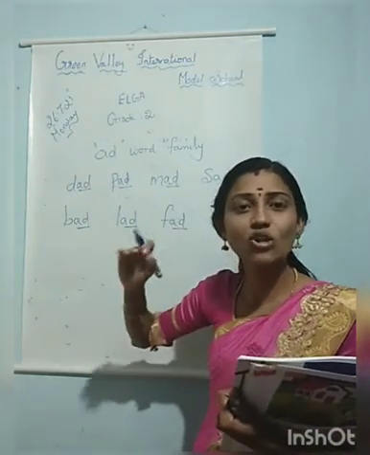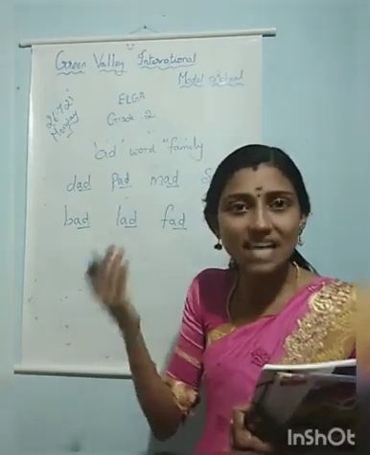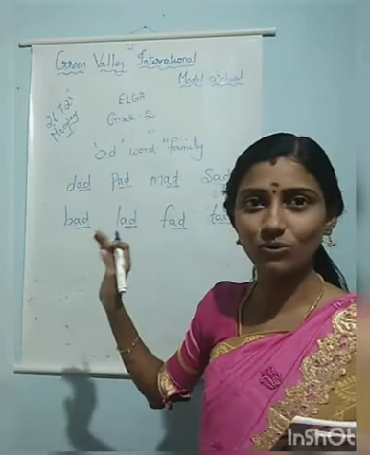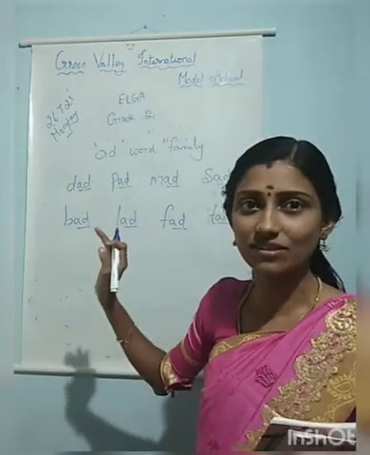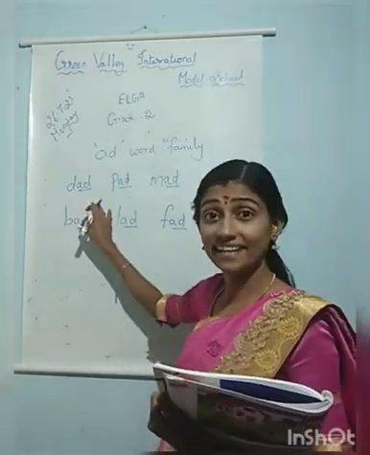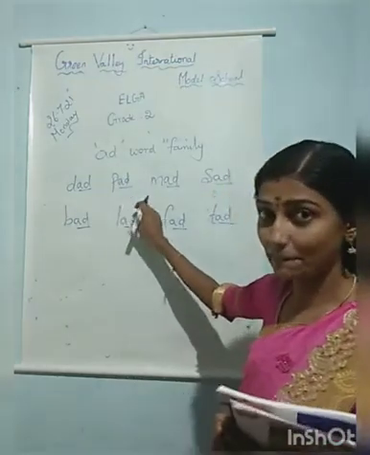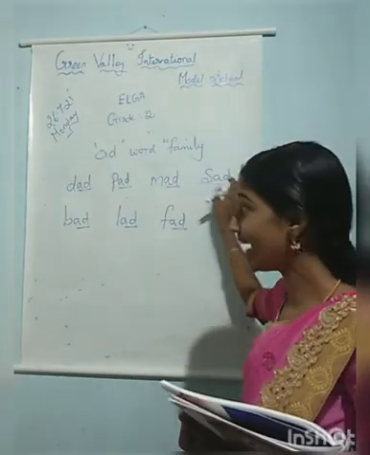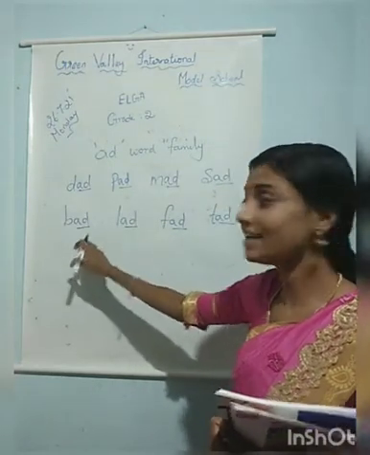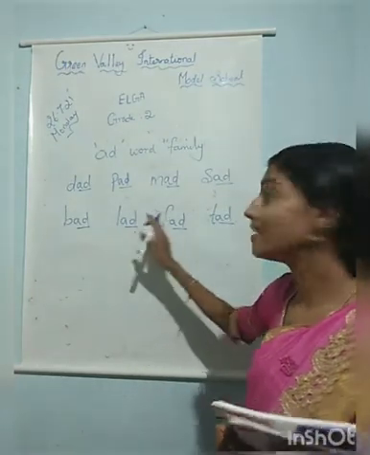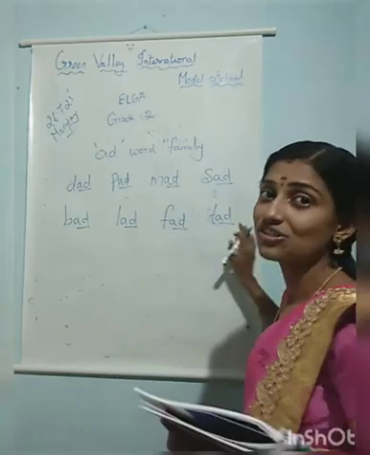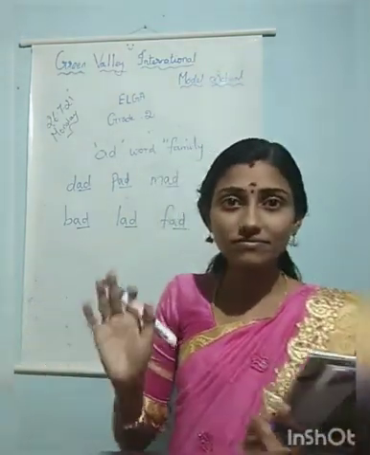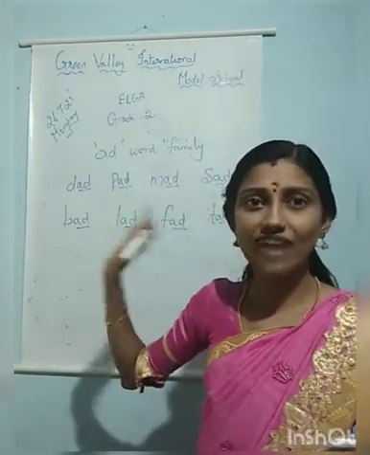These words sound the same, right? So you are learning AD words here. D-A-D, dad; P-A-D, pad; M-A-D, mad; S-A-D, sad; B-A-D, bad; L-A-D, lad; F-A-D, fad; T-A-D, tad. You all clear? So this is a word family.